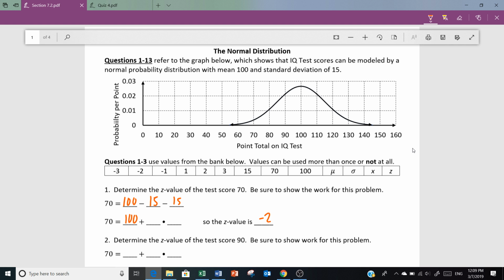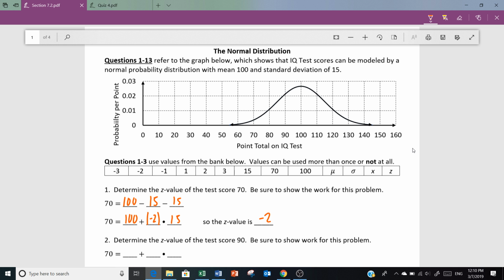So I took 100 and I added -2 standard deviations. Let's put our standard deviation over here and then put our -2 over here. Just see that we're taking away 2 standard deviations. If you enter 100 plus -2 times 15 into your calculator, you will get 70. If you do want to check that, you can.